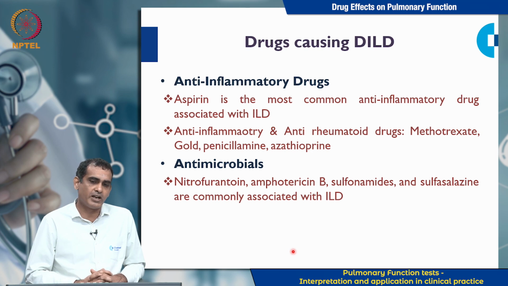Aspirin is the most common anti-inflammatory drug associated with ILD. Besides other anti-inflammatory and anti-rheumatoid drugs, like I've already told, gold, penicillamine, azathioprine and methotrexate, they are also associated with ILD. Antimicrobials, nitrofurantoin, a very commonly used drug in urinary tract infection, but we use it only for 5 days, and with this duration we don't run the risk of getting ILD.